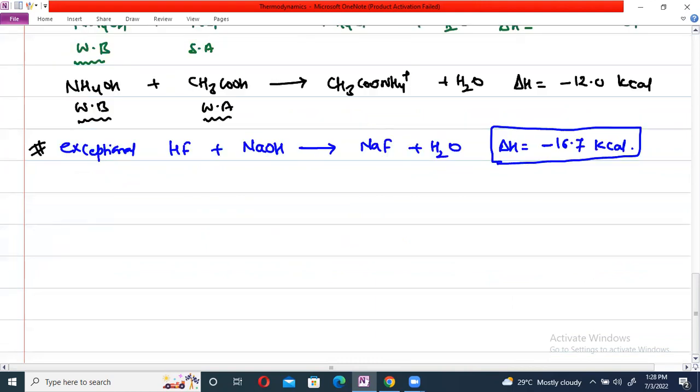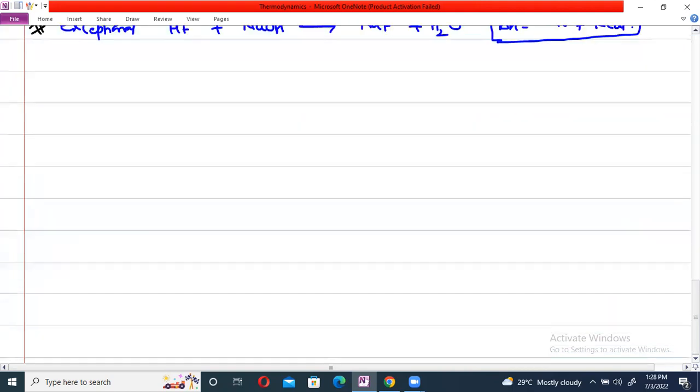Now we'll see the questions, how they will ask in the exam and how to approach the answer for this one. See here, the question is given in this way.